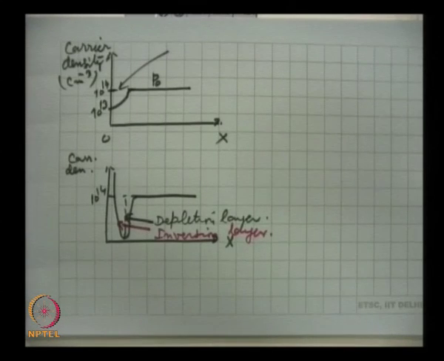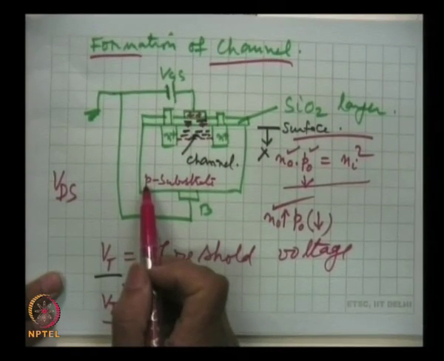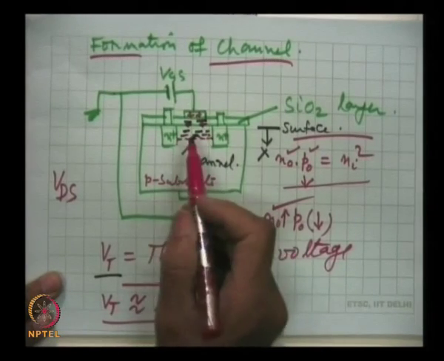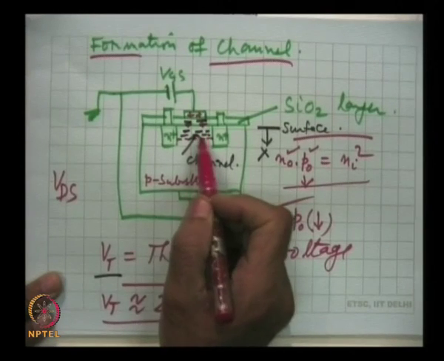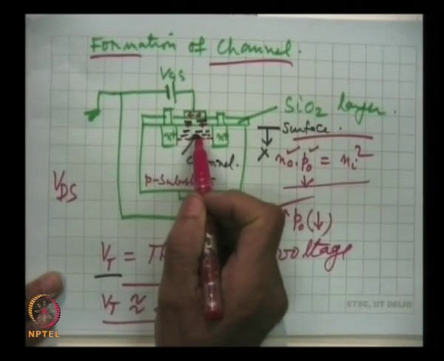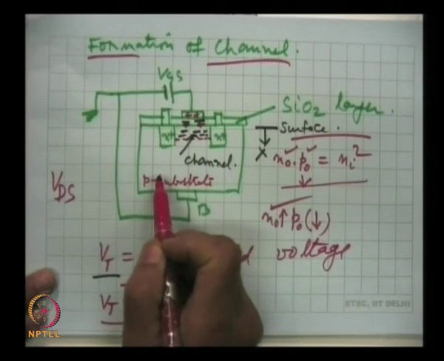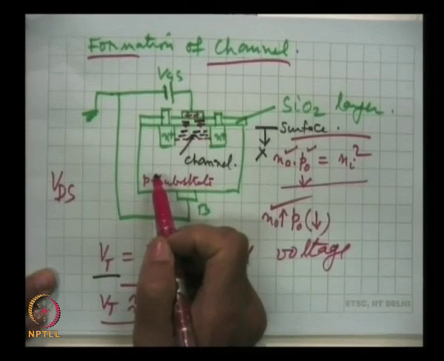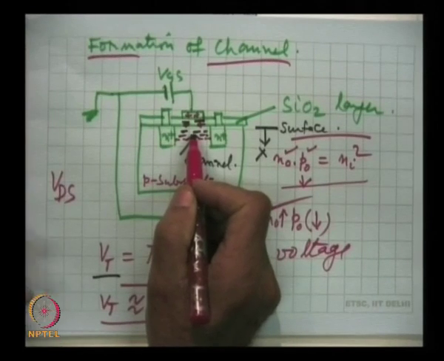Why inversion? See here, this is P type substrate, there are plenty of holes, and in this P region now there is an excess of electrons. So, it is an inversion from majority hole density, very important thing. Here in the P substrate holes are in majority, electrons are in minority, but in the channel region the reverse has happened.